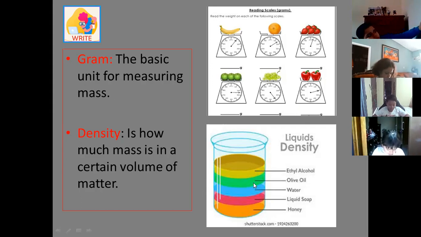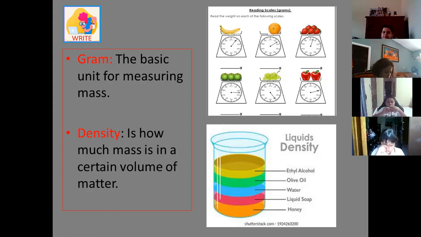So what if I put a little bit of this in all the glasses? In one glass, I'm going to pour honey. It's going to fall to the bottom of the glass. I'm going to put liquid soap. It means that the density is lighter and lighter.